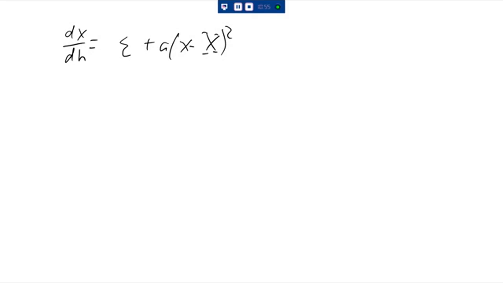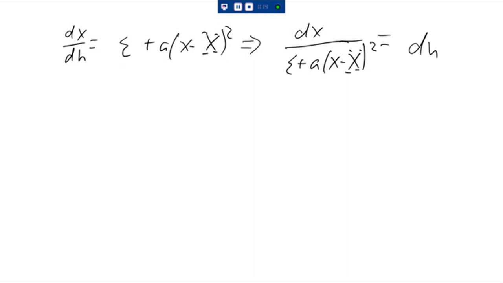So after separation of variables, we will have dx over epsilon plus a times x minus x capital squared equals dn. What we want to do is integrate this.